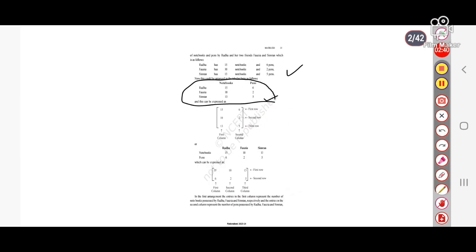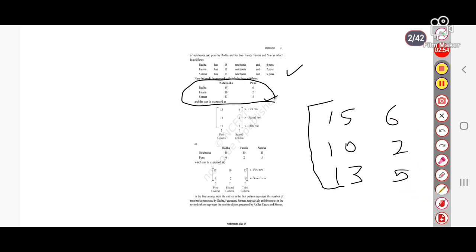Now this is expressed in the matrix like this: 15, 10, 13 is the number of notebooks of each person, and 6, 2, 5 is the number of pens of the three persons listed.